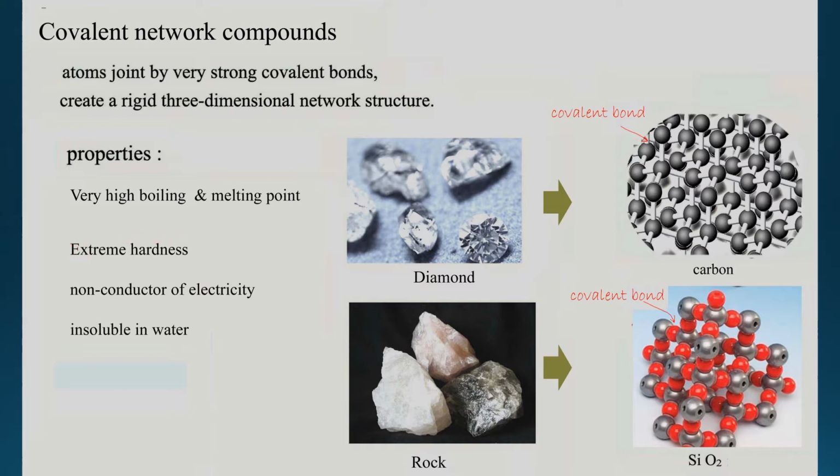As we know, most non-metals have no outside electrons that can move around. They always attract electrons and don't give them away, so they do not conduct electricity. And rock is not soluble in water, as everyone knows. So these are the features of covalent network compounds.